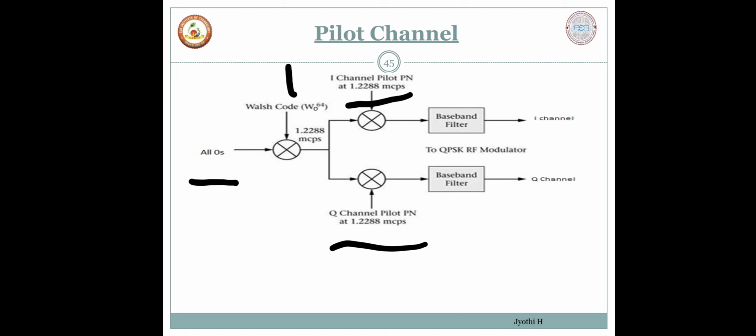The I channel pilot PN sequence is at 1.2288 mega chips per second, and the Q channel pilot PN sequence is at 1.2288 mega chips per second. Then the baseband filter feeds the QPSK RF modulator, which generates the I channel signal and the Q channel signal.